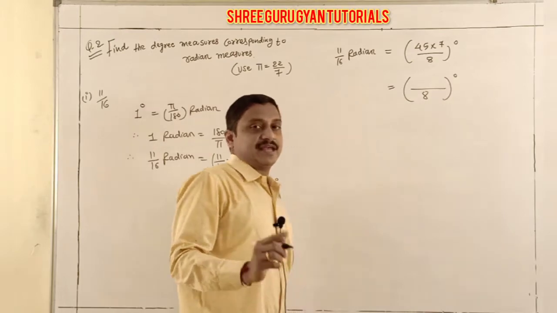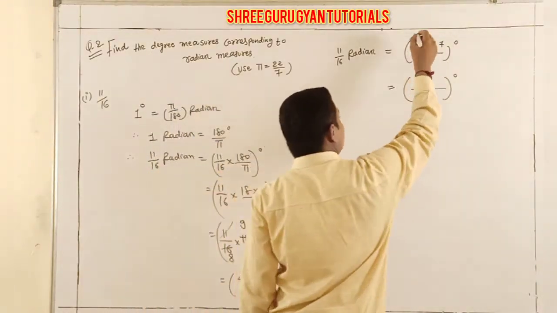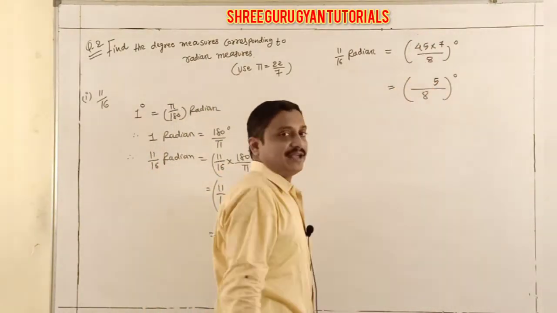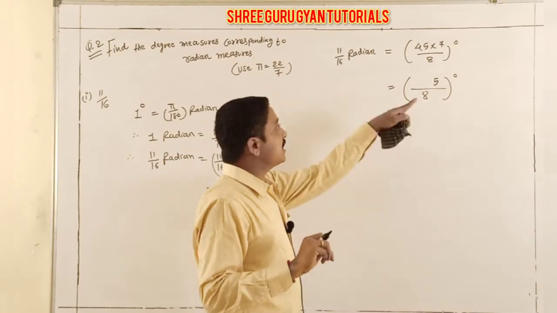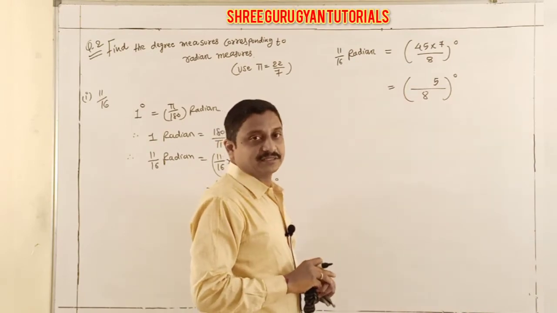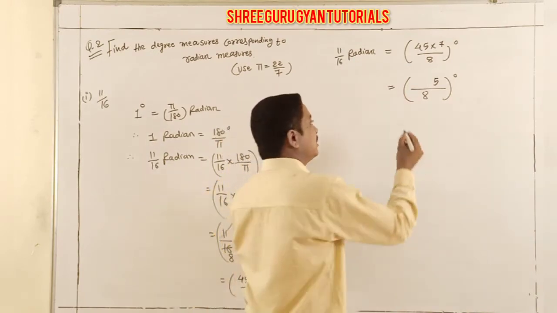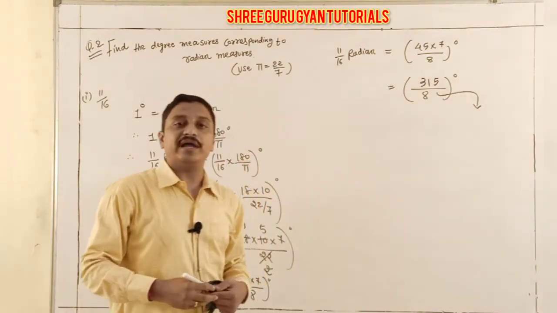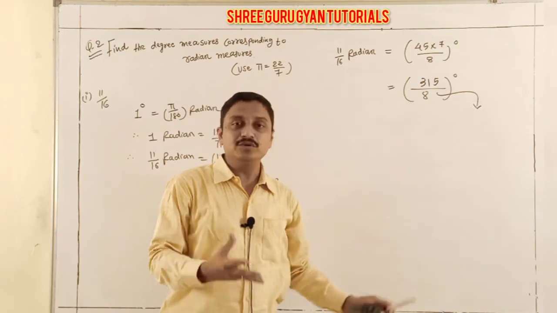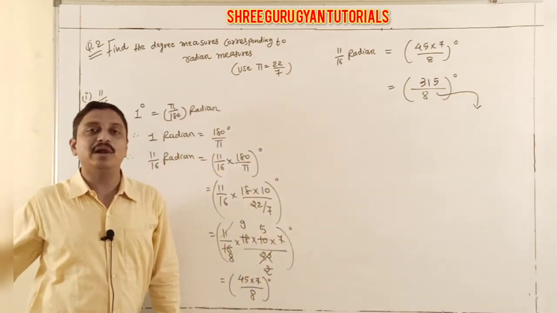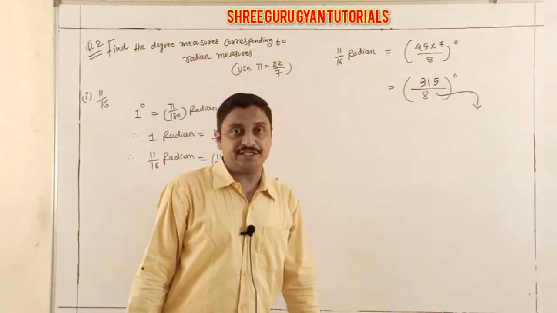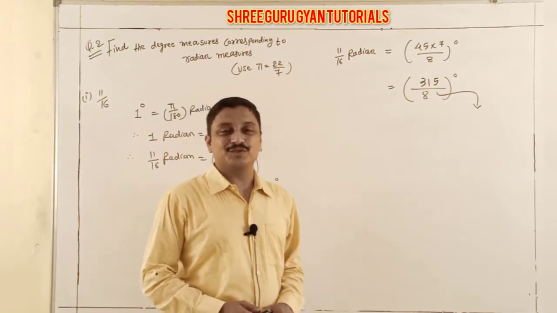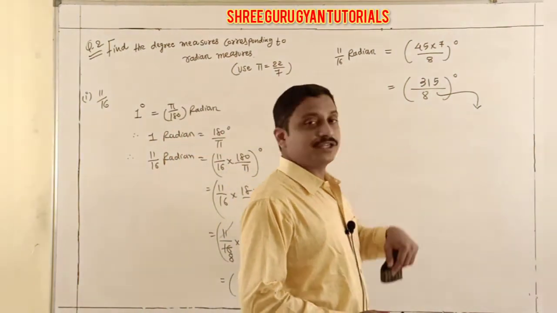Now how much is 45 into 7? 7 5s are 35, 3 carry. 7 4s are 28, 29, 30 and 31. So 315. Now do 315 divided by 8 using a calculator. Approximately, 315 by 8. So students, you calculate this value, 315 by 8.